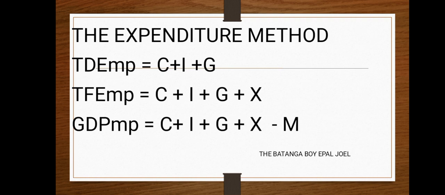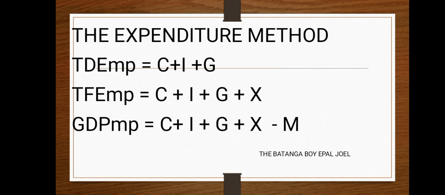So with the expenditure method, we start by looking at the formulas I have. Because this method involves measuring the expenditures carried on by all the economic agents in the economy within a given period of 1 year.